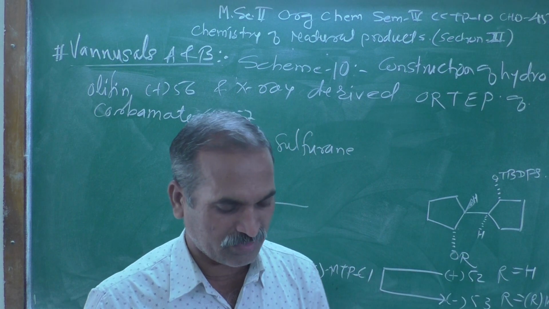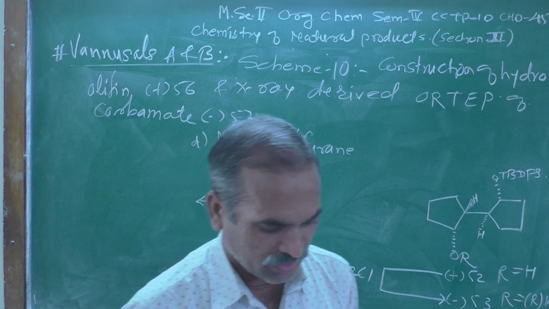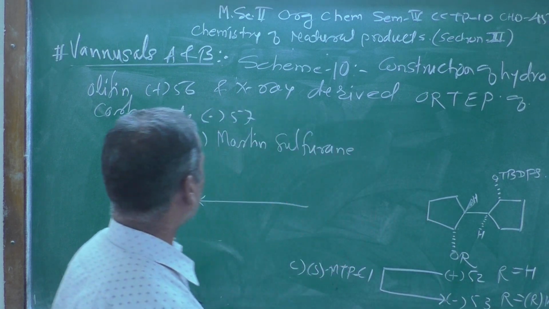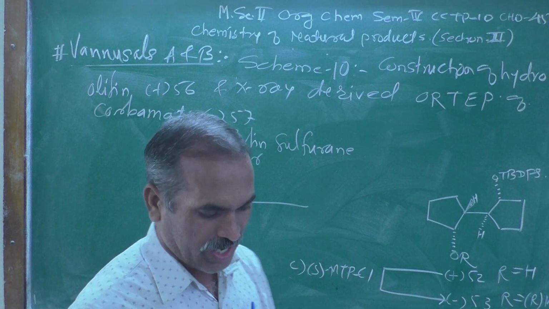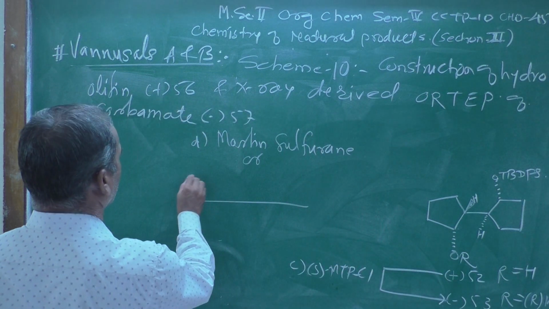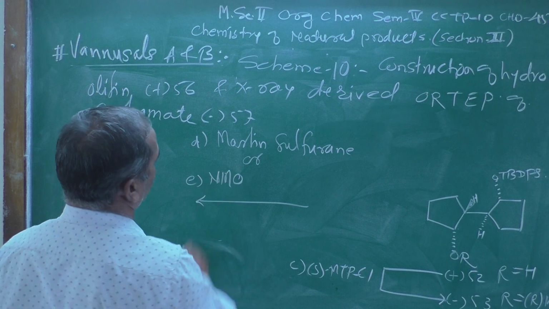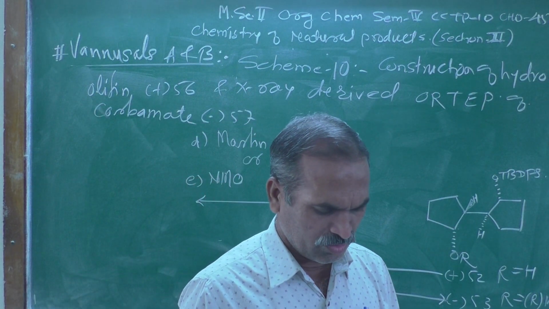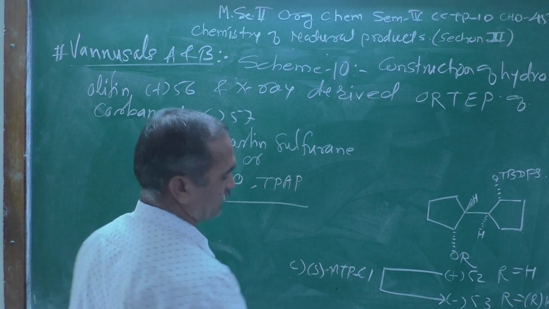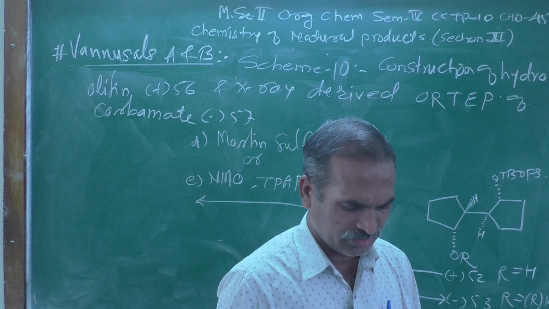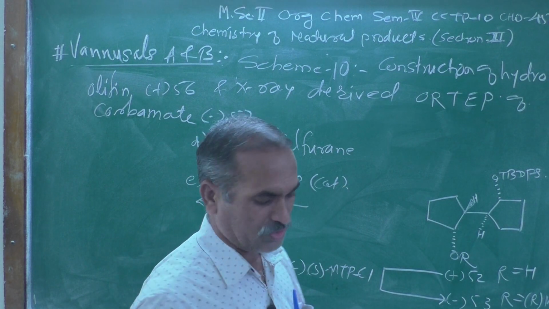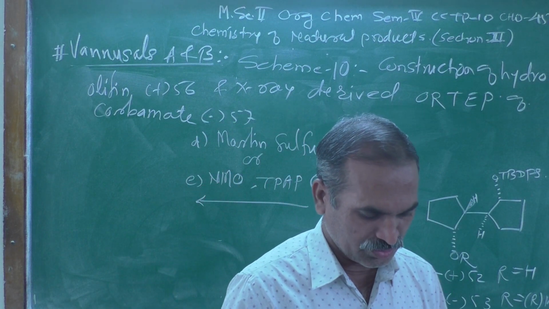Only the transformation of that alcohol is carried out with the help of Martin's sulfurane, or we can use here either Martin sulfurane or NMO, TPAP, a catalytic amount of that reagent is used here.